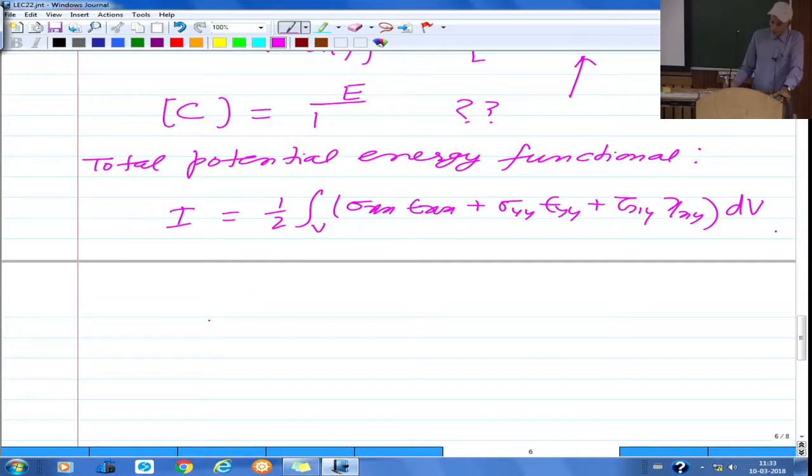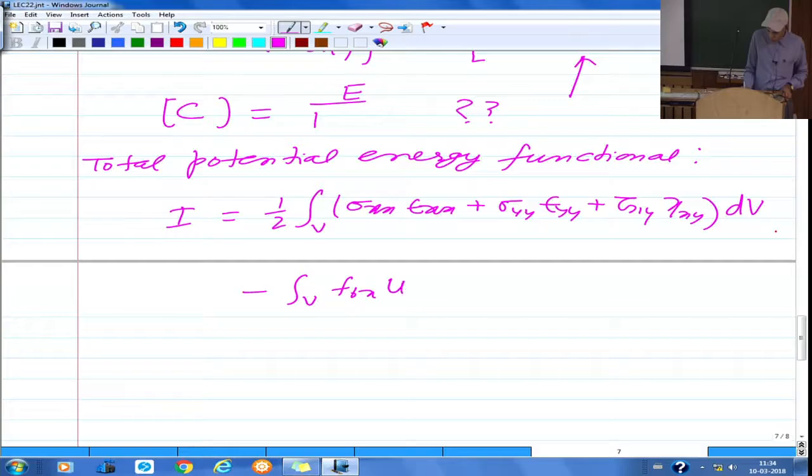As I said, there could be body forces: force per unit volume along the x direction, and force per unit volume along the y direction. Corresponding to those, work done is positive, so the potential is negative. So integration over volume, with force per unit volume along x direction FBx, this would be FBx into u plus FBy into v, dV. I am using capital V for the volume, not a small v.